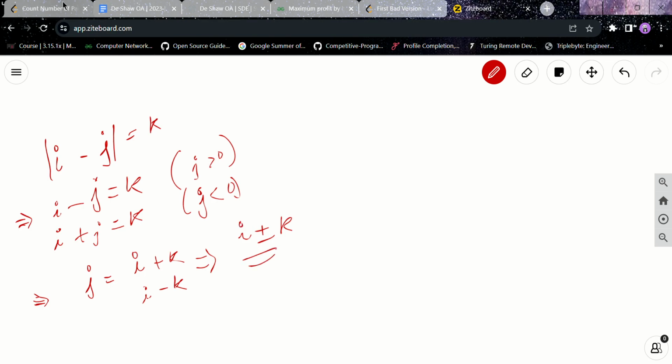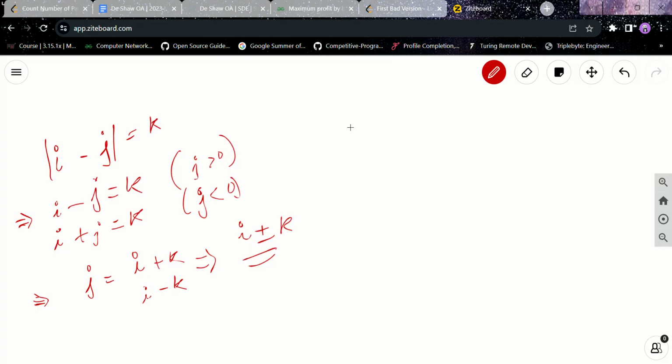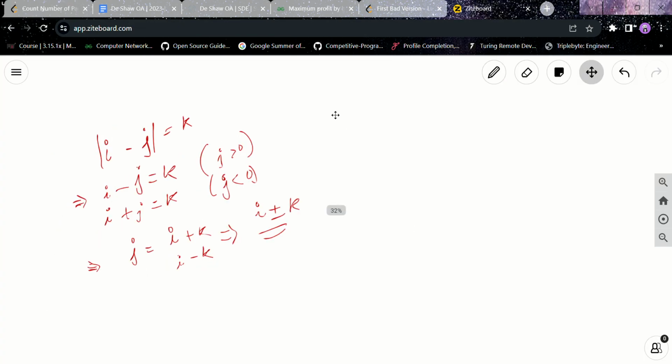Now we have the array 1 2 2 1. If we traverse from here, i minus k, what is the value of k? k is equal to 1. 1 minus 1 is equal to 0.